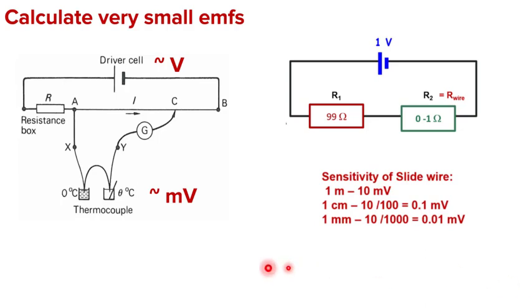The typical EMF generated across a thermocouple is in millivolts, but the driver cell is of a typical order of volts. Hence, if we put a suitable resistor R into the circuit, the sensitivity of the potentiometer can be improved to better determine the EMF across the thermocouple.